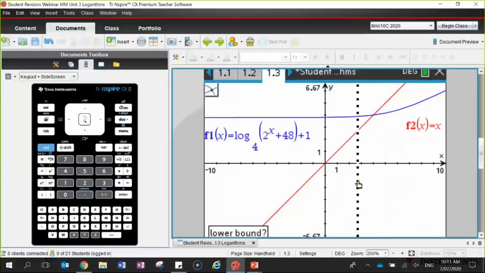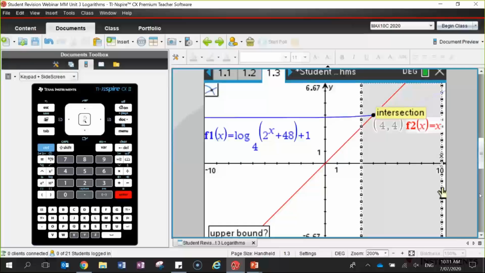I need to put a lower limit, so I can see here that about x equals 3. If you're on a handheld, just press 3, it's really easy; on the computer I use my mouse. I can see that my solution is higher than x equals 3, and all I've done is press 3 and then enter. That gives me my lower boundary.